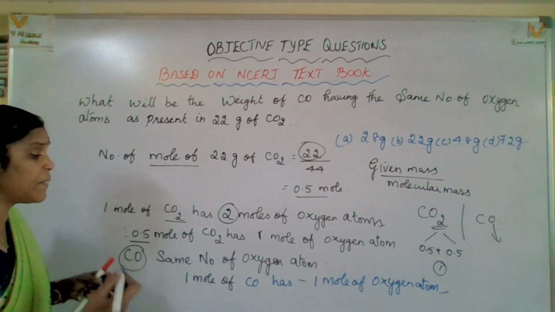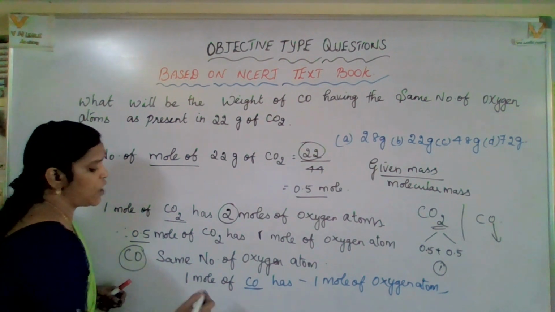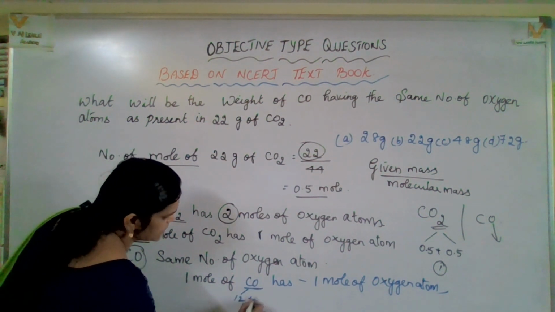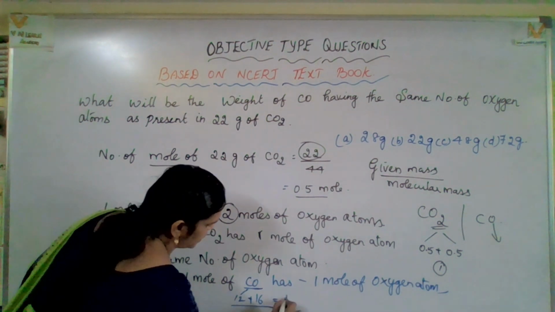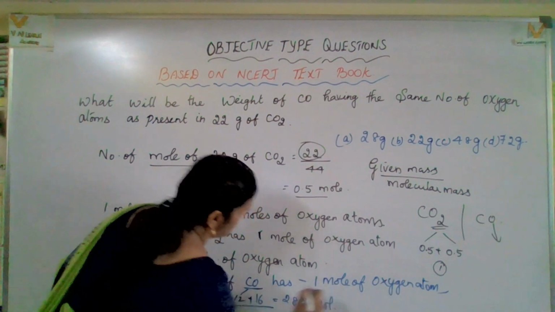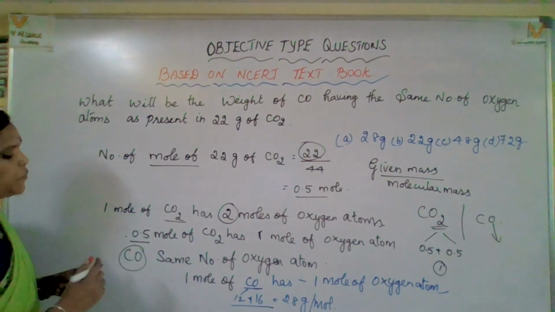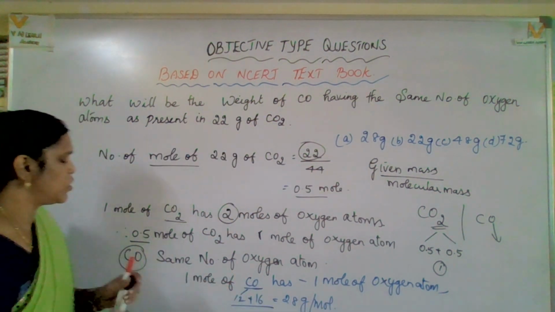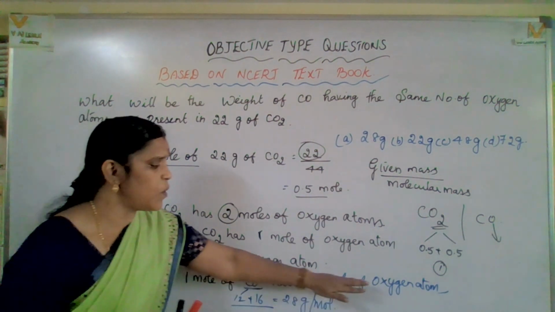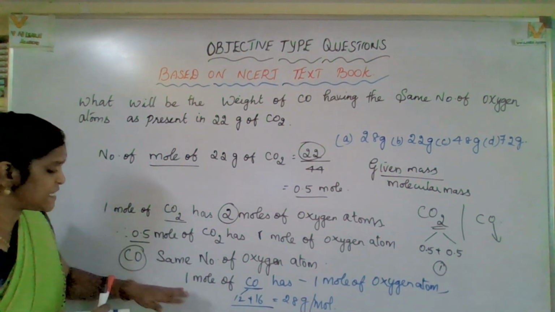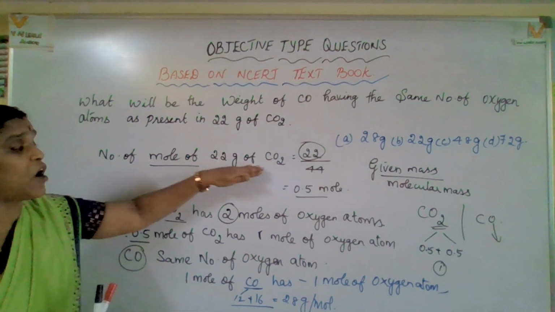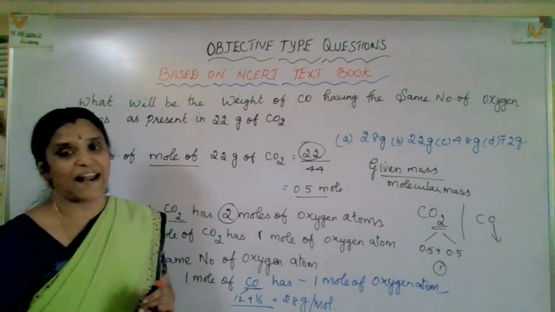Okay, now molecular mass of carbon monoxide, how much here? 12 plus 16, here 28 gram per mole. Molecular mass it is actually. So 28 gram per mole. So 1 mole of carbon monoxide has 1 mole of oxygen atom, which is equal to 22 gram of carbon dioxide. That is what they are asking.